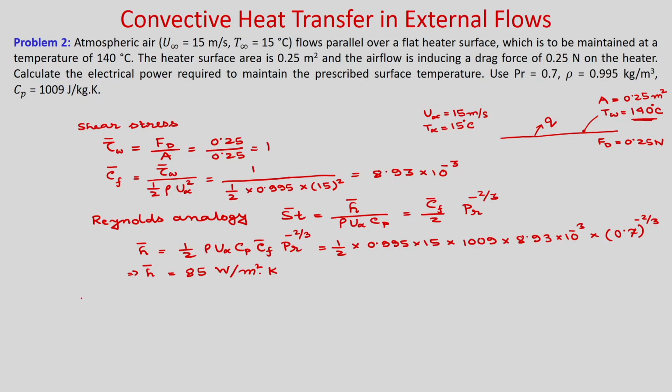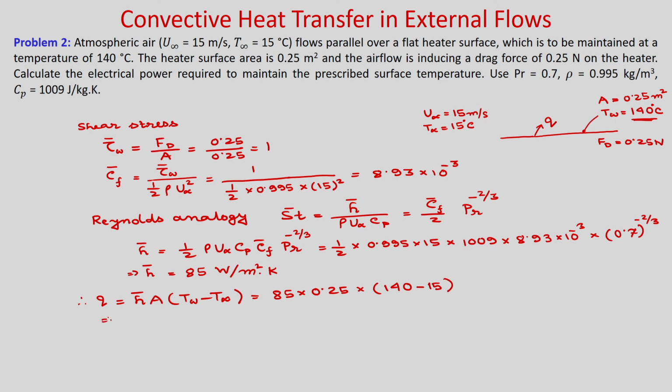Now we have calculated the average heat transfer coefficient, and you know the total heat transfer area, so you will be able to calculate the heat transfer rate. Using Newton's law of cooling, you can write h into A into Tw minus T infinity. So Q will be h bar into A into Tw minus T infinity, where h bar is 85, area is 0.25, Tw is 140 and T infinity is 15.